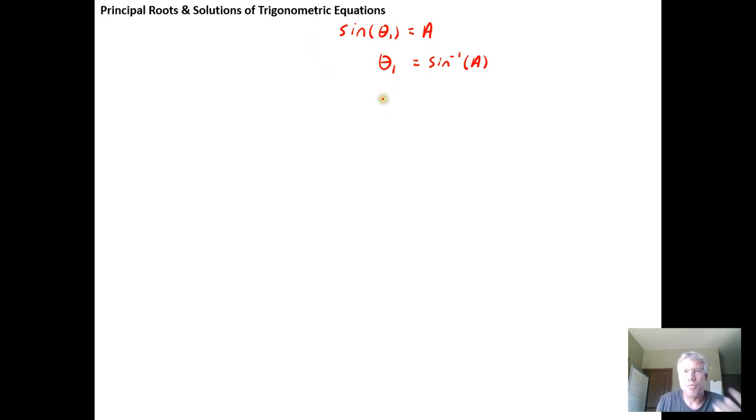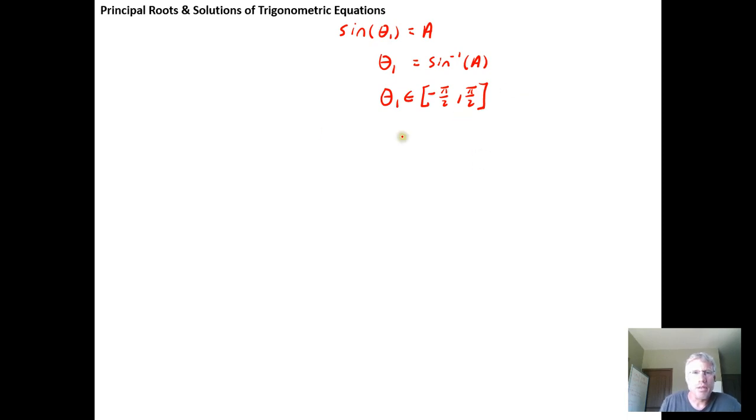So if I work from a radian perspective, I know that my angle theta 1 is going to be some angle on the interval from negative pi over 2, or negative 90 degrees, to pi over 2, or positive 90 degrees.